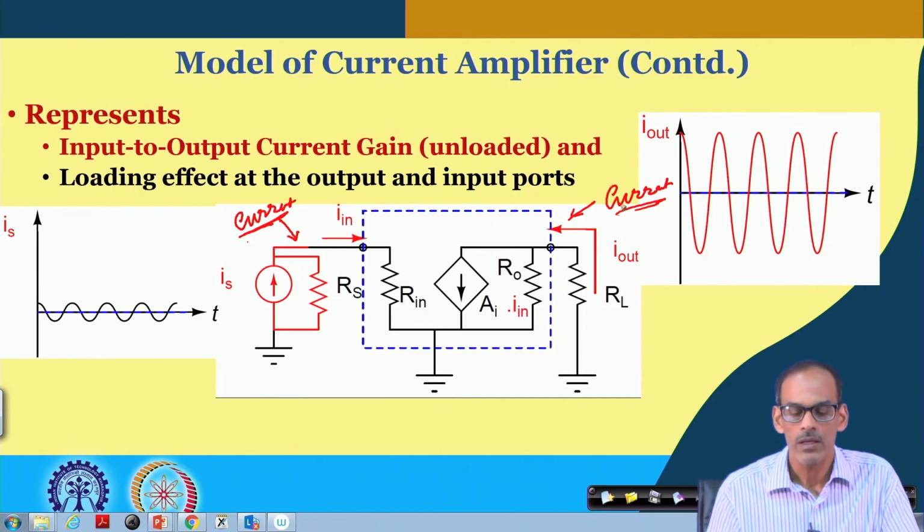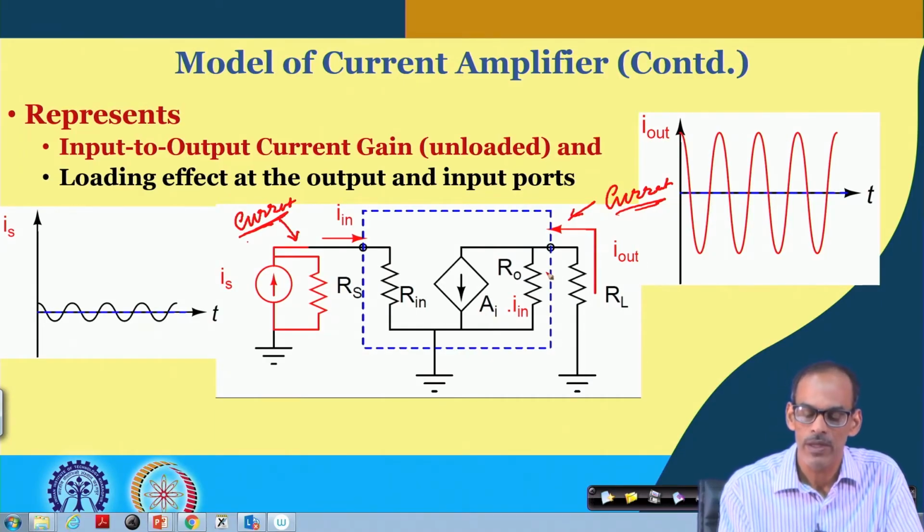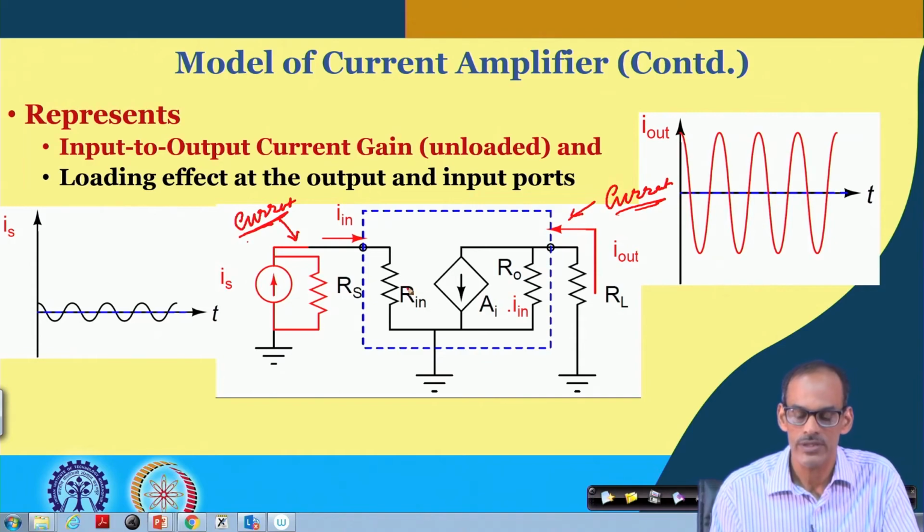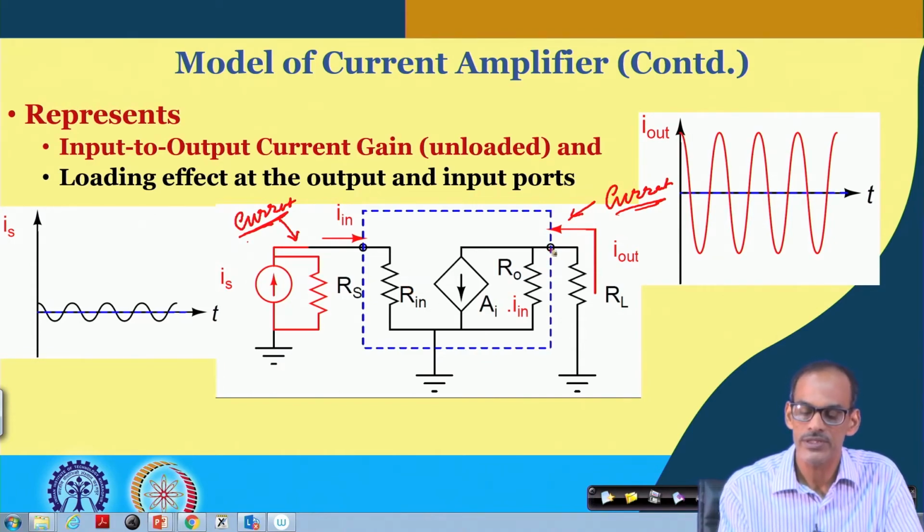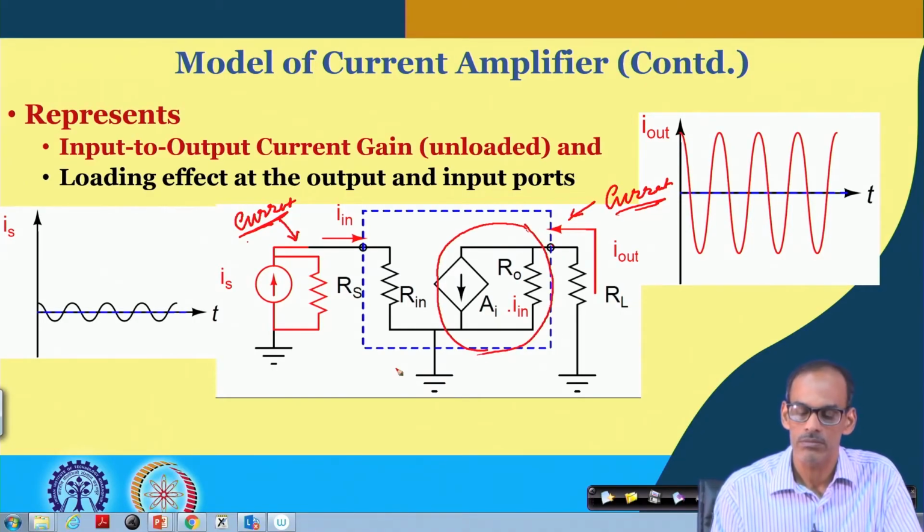Depending on the port nature, if the signal at the output is current, we represent the output port by a Norton equivalent circuit. If it is voltage, we represent it by a Thevenin equivalent circuit.